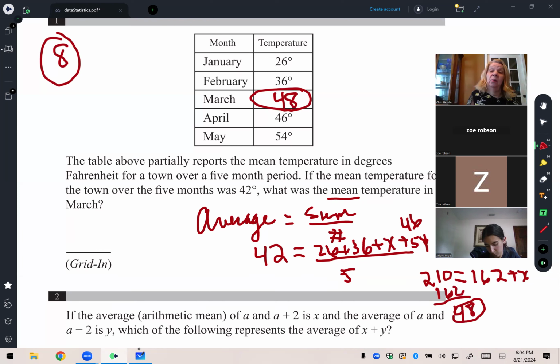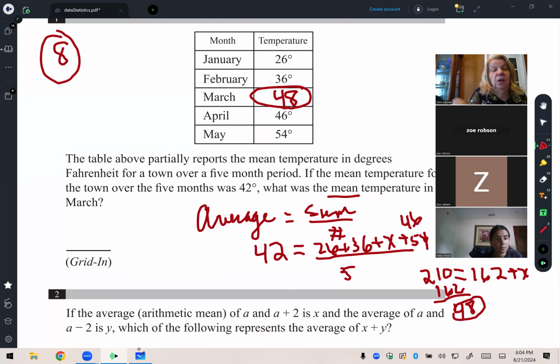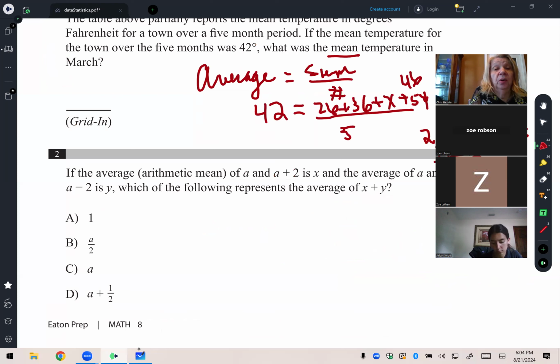So Zoe Robson, are you good with that one? Yeah. Zoe Latham, yeah. Addie, you're good? Okay, this one, you could do the algebra, or I'm just going to pick numbers just to bring that strategy up to you. So I'm going to say A is 2.